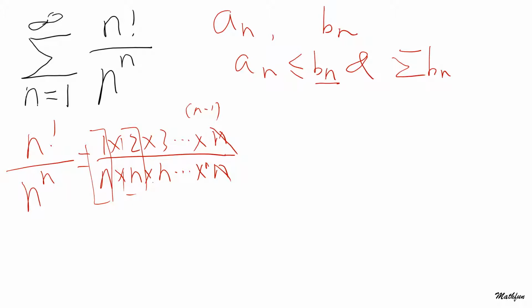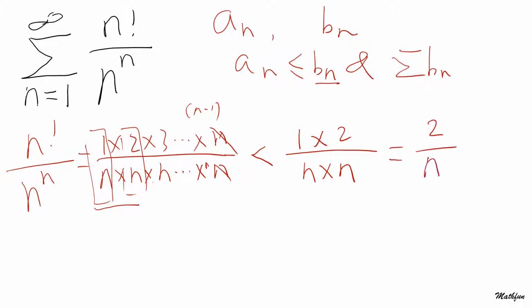So all those numbers are smaller than 1. So what we're going to do is just choose the first two numbers, okay? So it is smaller than 1 times 2 over n times n. All the other ones are smaller than 1. That's why we have a smaller sign here. And this is 2 over n squared.